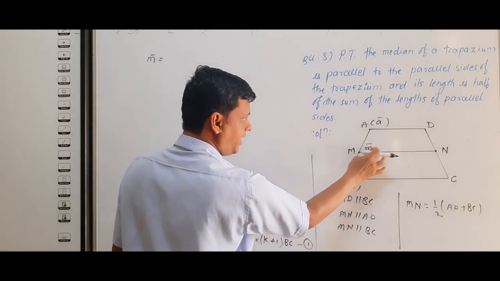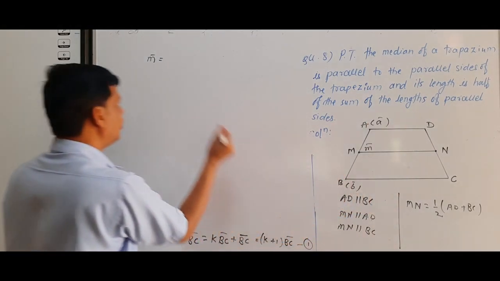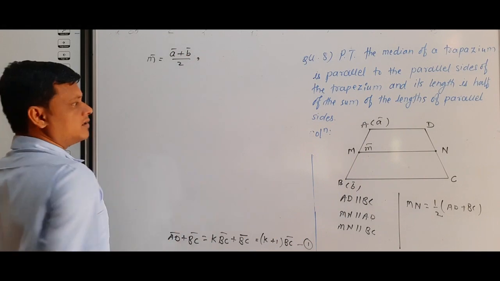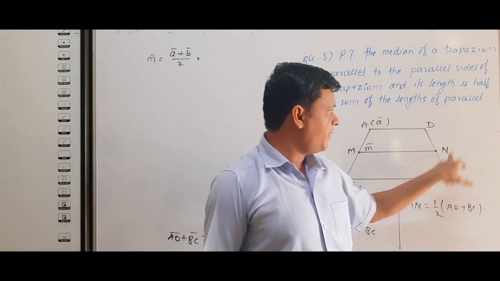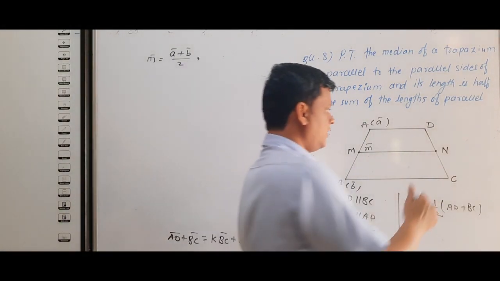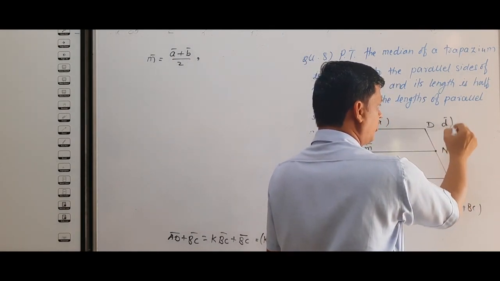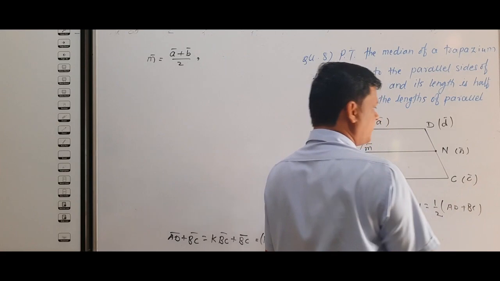Similarly, N is the midpoint of side DC. We consider the position vector of N as N bar, of D as D bar, and of C as C bar.